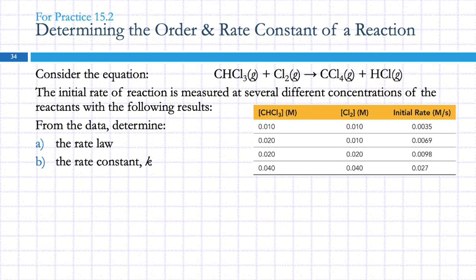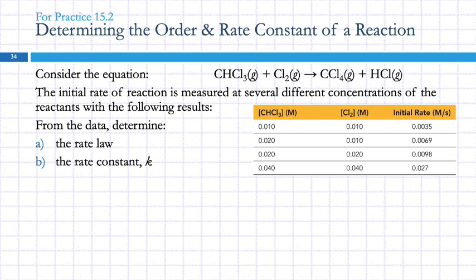Okay, so determining the order and rate constant of a reaction. This one's going to be a little more complicated than the one we looked at earlier. So here we have our chemical equation. We have 2 reactants. And here we have some data. We have different concentrations for the first reactant, different concentrations for the second reactant, and the initial rates for each of those combinations.